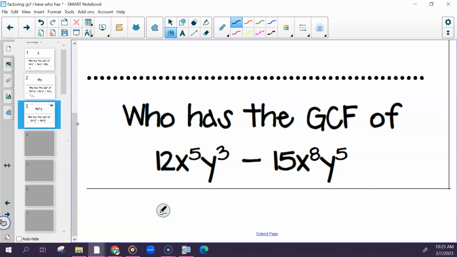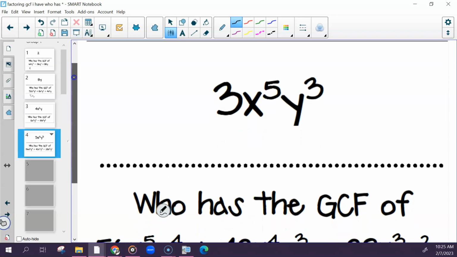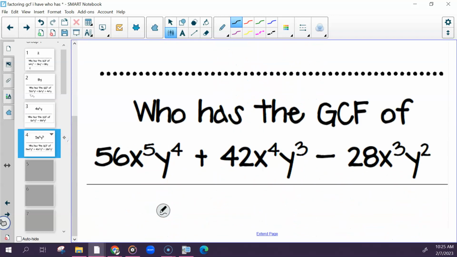That might be me. Yeah. All right. 3x to the 5th, y to the 3rd. Who has the GCF of 56x to the 5th, y to the 4th, plus 42x to the 4th, y to the 3rd, minus 28x to the 3rd, y squared?